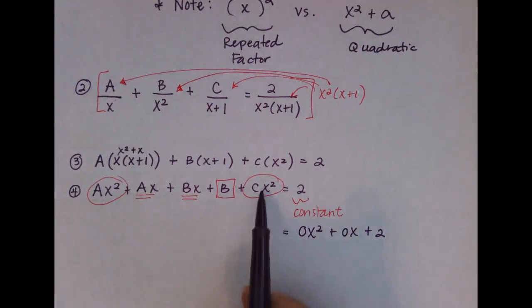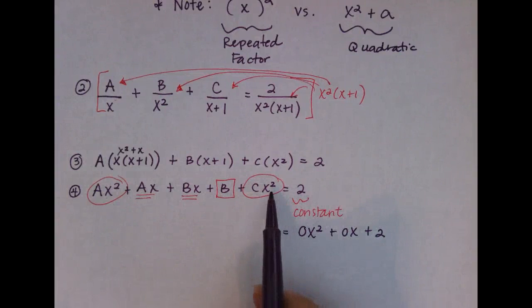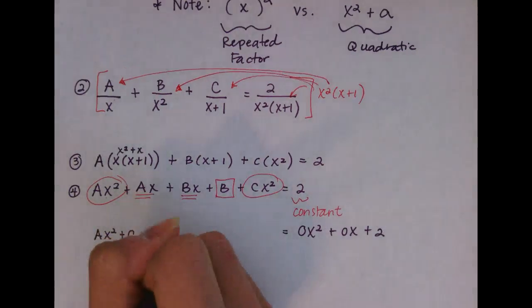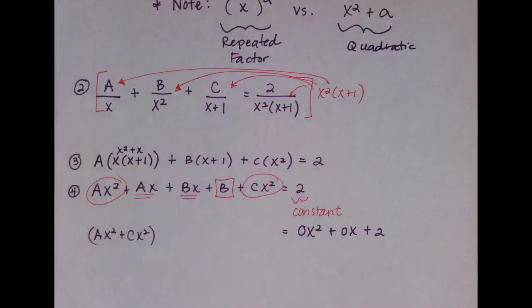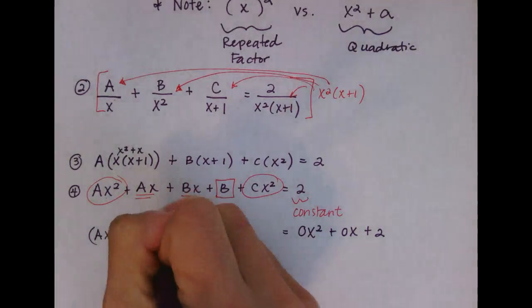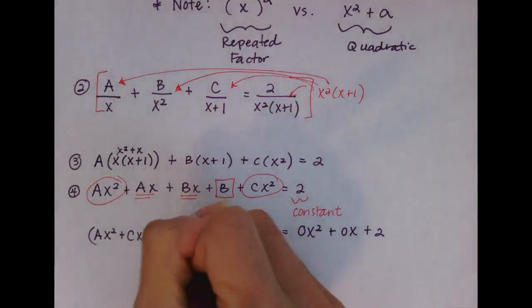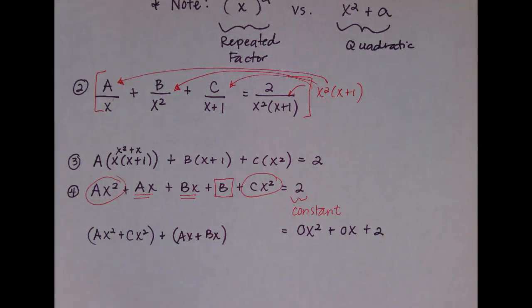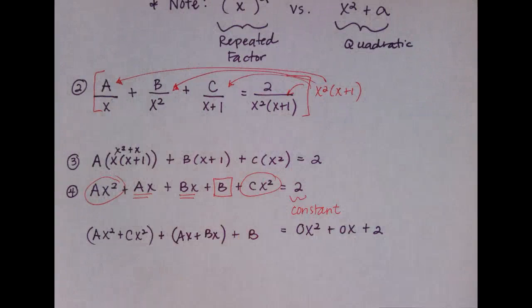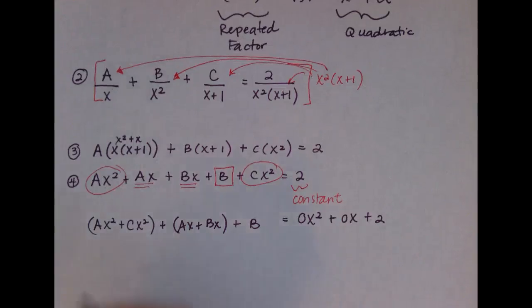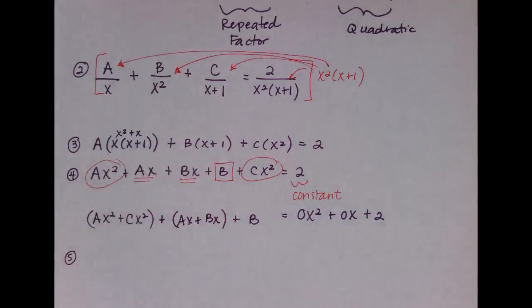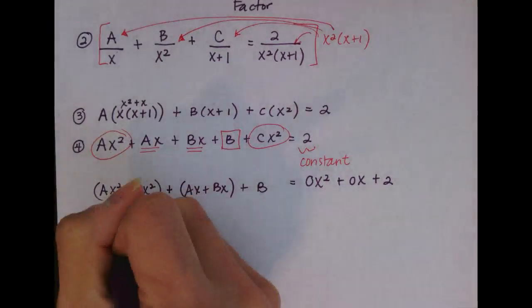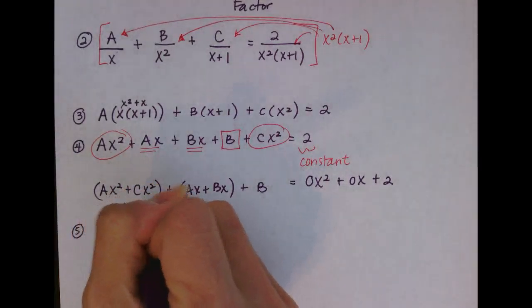Let me go ahead and combine my like terms here. So I've got ax squared plus cx squared. Those are my quadratics. And then my ax and my bx are linear. And then b is my constant. So from that I can set up 3 equations. I can also factor out my x terms.